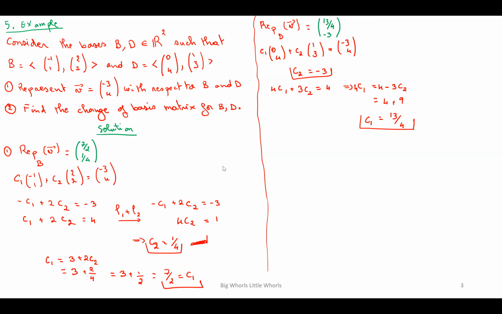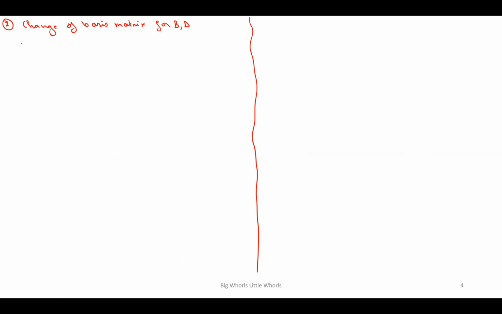So the change of basis matrix is the representation of the identity map with respect to B and D, which is equal to the representation with respect to D of the elements of the basis vector B.